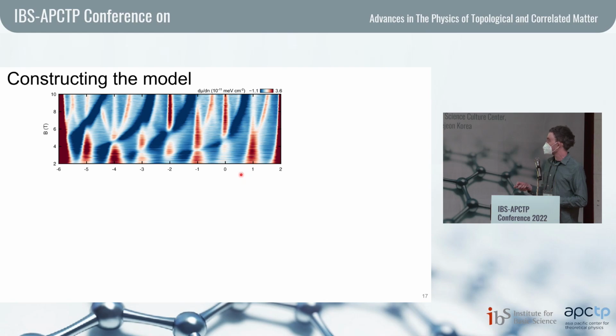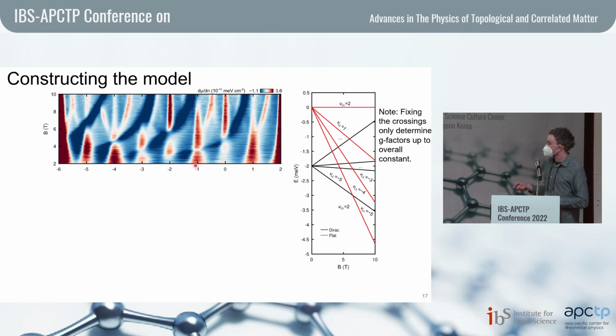Now, there are these crossing points that you can see here where the gaps at the integer filling close, and these are most easily attributed to crossings at the single particle level that are induced by Zeeman splitting, okay? And so without invoking anything about interactions, we can use this to put some constraints on the relative g factors of these Landau levels.